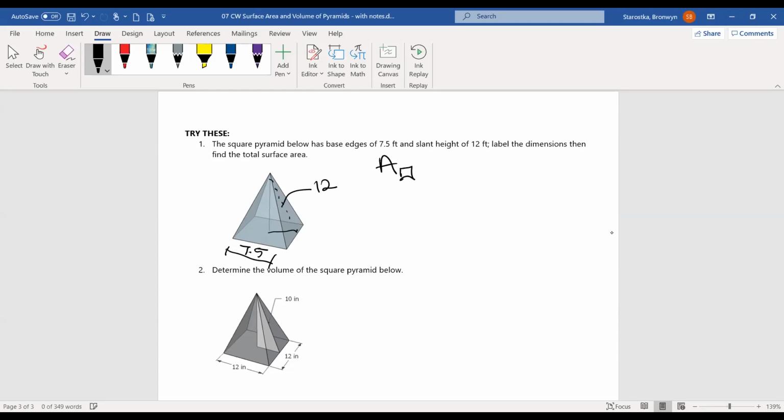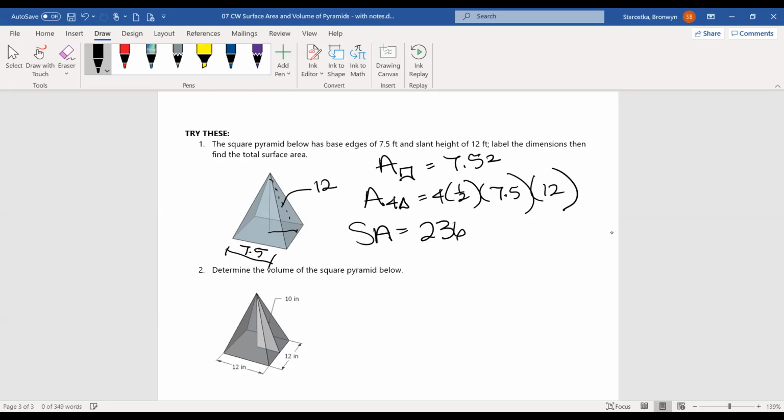Area of the square is 7.5 squared. Area of the 4 triangles is 4 times 1/2 base times height, 7.5 times that lateral slant height of 12. Plugging it into our calculator, our surface area is going to be 236.25 feet squared.